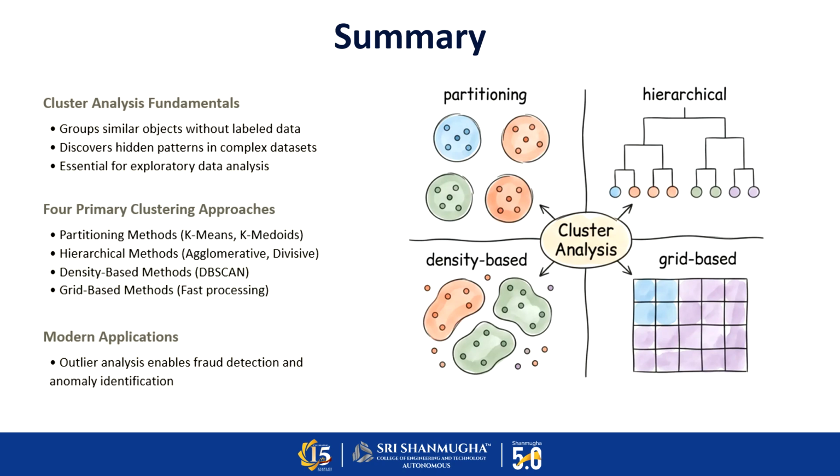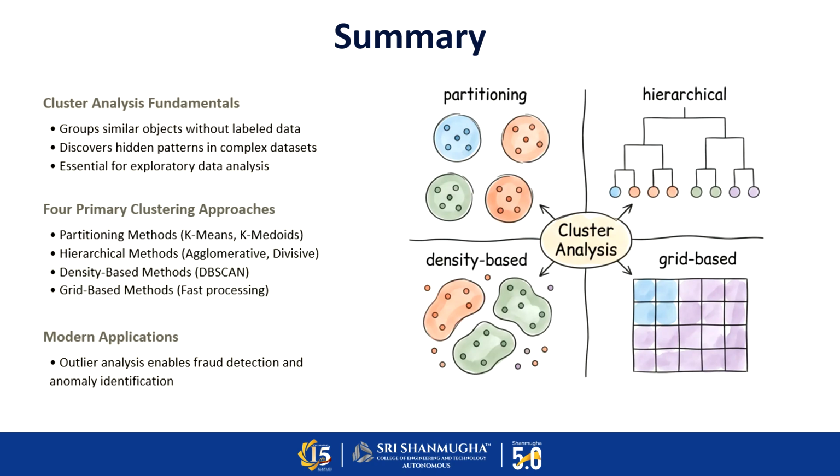And we are using it in e-commerce, retail, then medical diagnosis like disease patterns, and image processing like object detection, and in social network analysis like mapping communities and influence in digital platforms. Then document classification enables automated news grouping and search optimization.